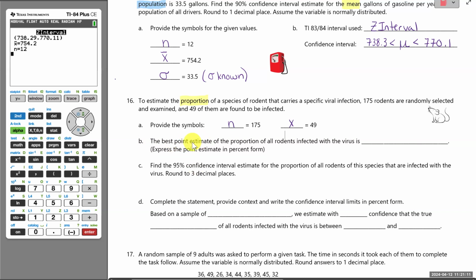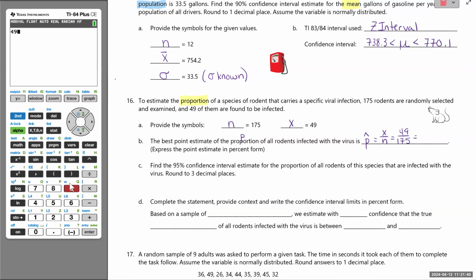So the best point estimate for the true proportion P is the sample proportion P hat. So P hat is called our best point estimate for P. And we'll find that again as X over N. So 49 rodents were infected or carried the viral infection, and N was 175.